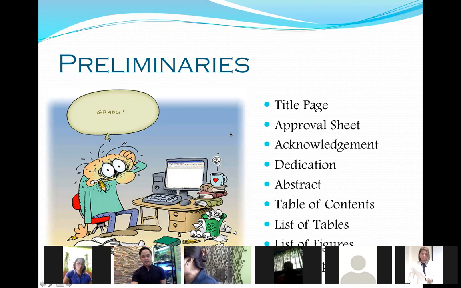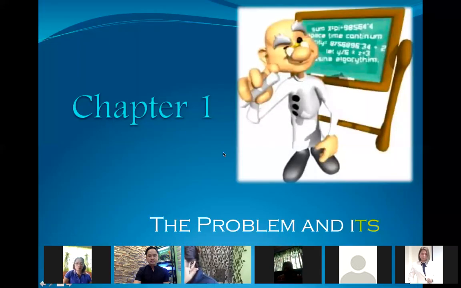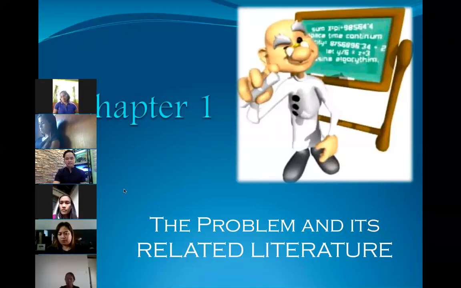Thank you. So we will now proceed with the body of the thesis paper of Mekawayan College. The first part of the Mekawayan College format is chapter 1, which is entitled The Problem and Its Related Literature.